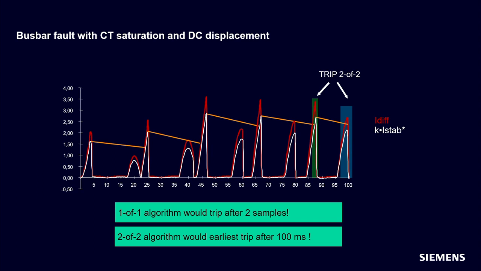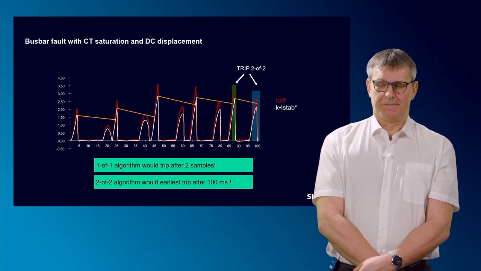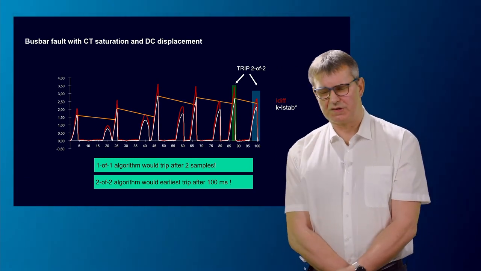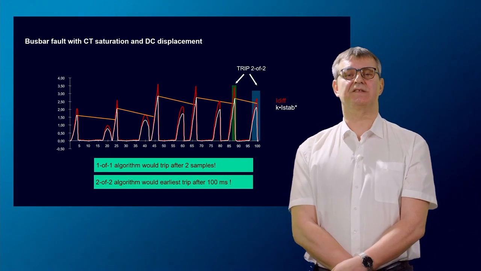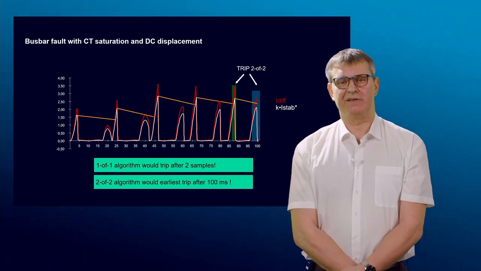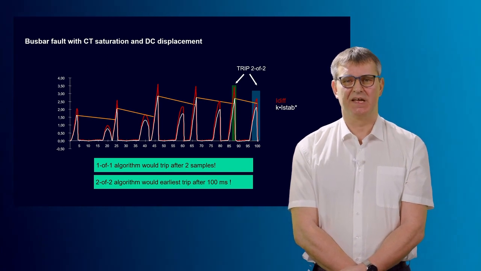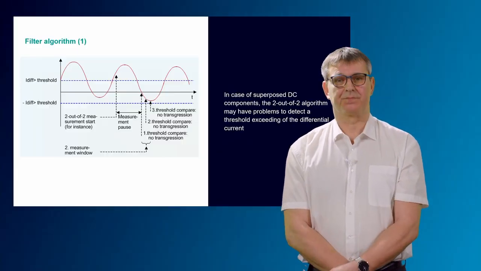But even for a quite low fault current, a tripping time of more than 100 milliseconds is not so fine. I guess it was 25 years ago, with the first RTDS test of the busbar protection, that we additionally invented, for this very special case, the filter algorithm.